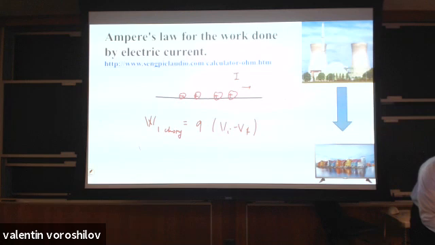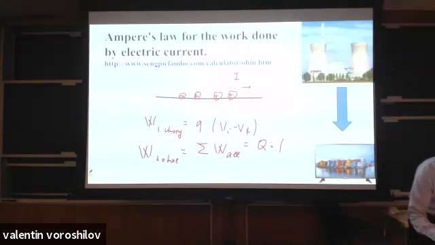So if I want to calculate total work, all I need to do is calculate the sum of work done by all charges. And that will give me total charge times potential difference. That's it.